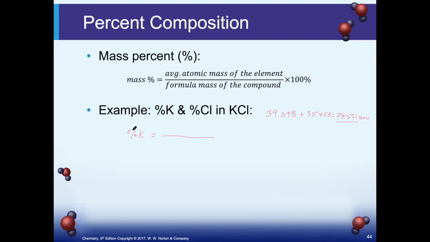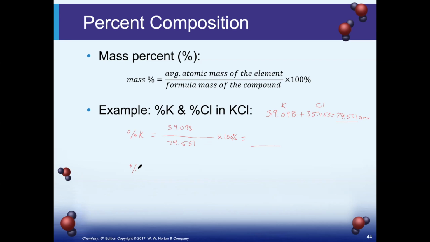To calculate the percent potassium, I would take the value for potassium. This is for potassium, and this is for the chlorine. So I would take the 39.098 and divide that by the total mass of the compound, which is 74.551. And I just multiply that times 100%. I'll let PowerPoint do that for us in a second.